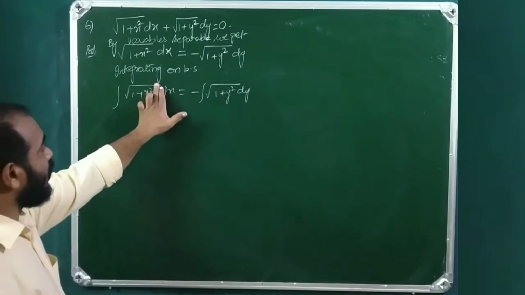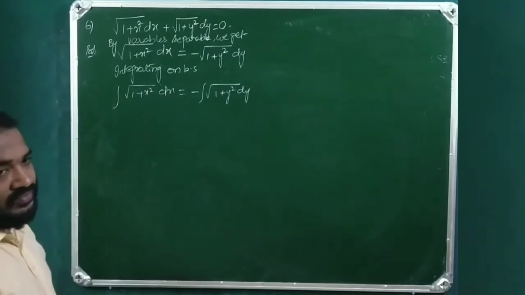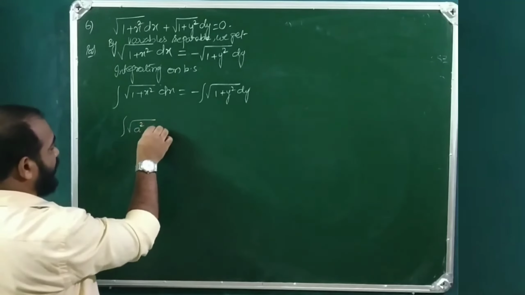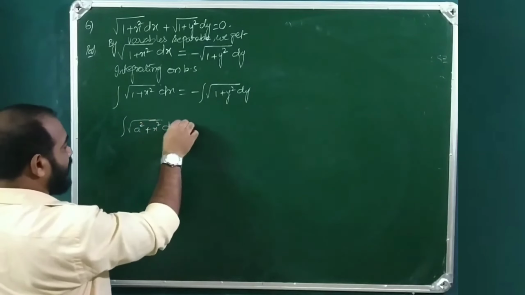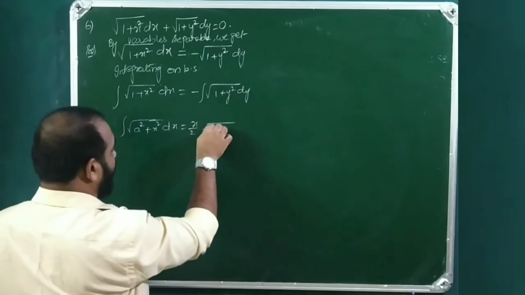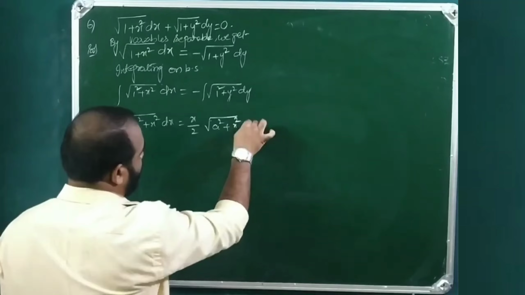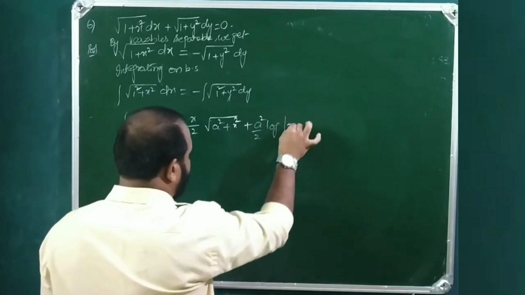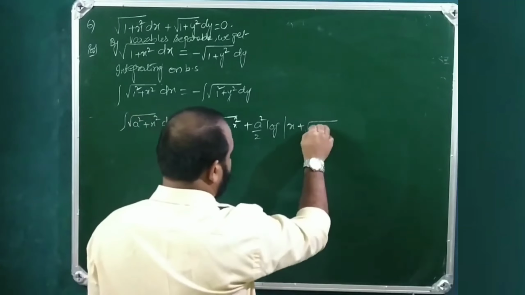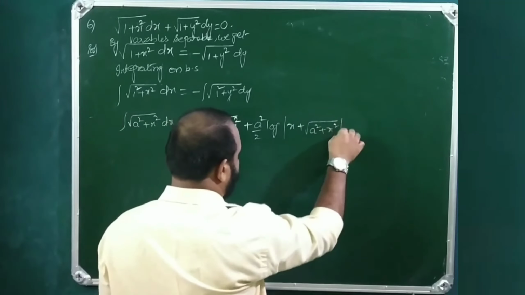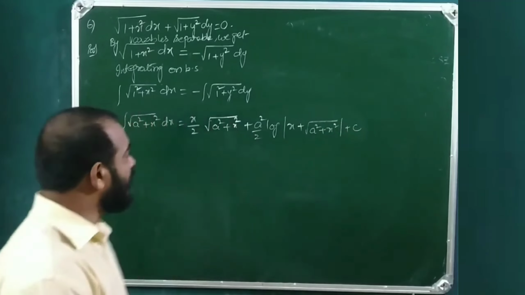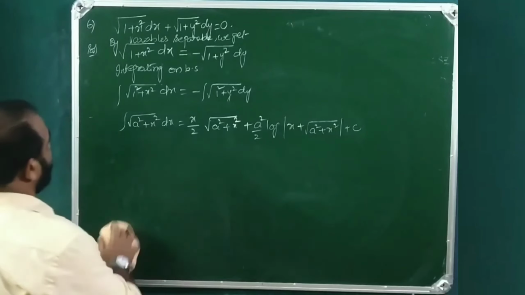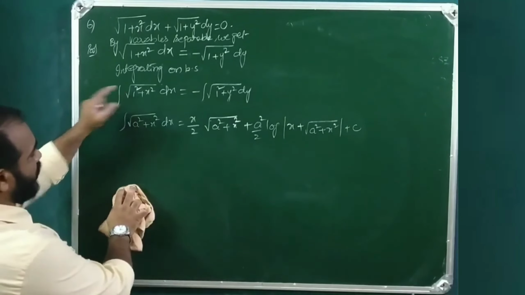So the integration of this root 1 plus x square could be compared with integral root of a square plus x square dx, which is x by 2 root of a square plus x square plus a square by 2 log x plus square root of a square plus x square plus c. So this could be compared with this, where a square is 1 square here.